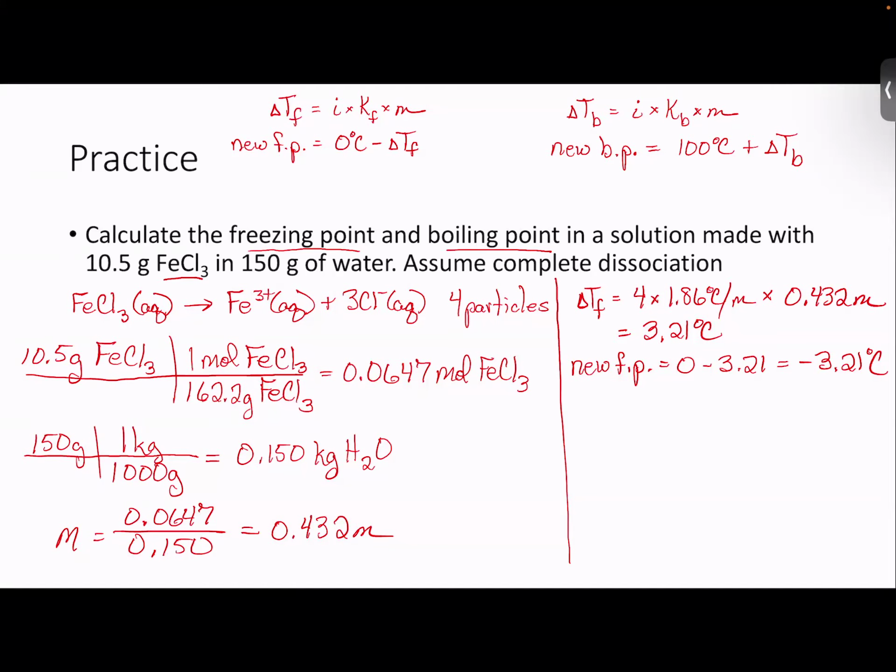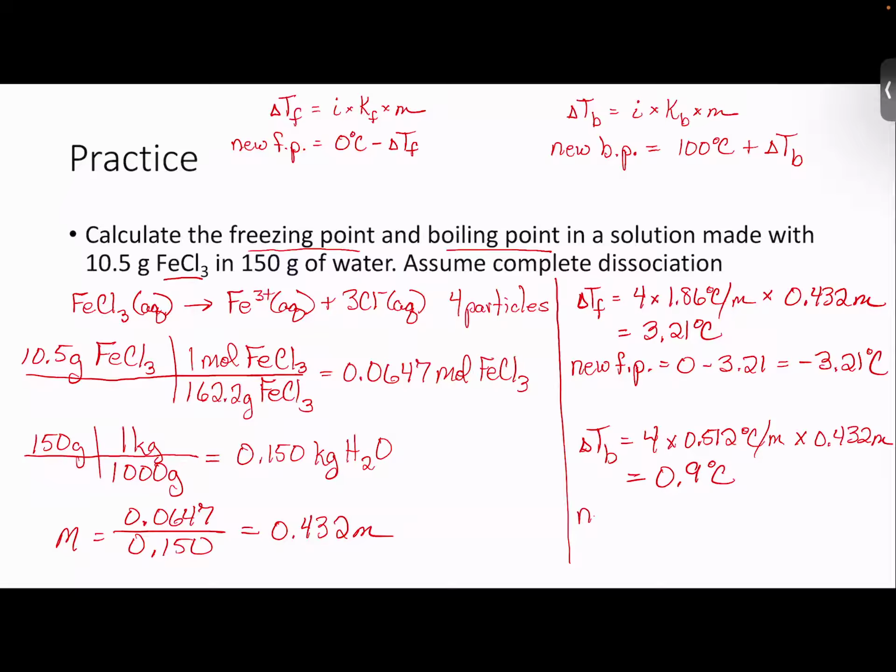Let's look at the next piece, and that's delta Tb is equal to 4 times 0.512, and that's degrees Celsius per molal, times 0.432 molal. So delta Tb is 0.9 degrees Celsius.